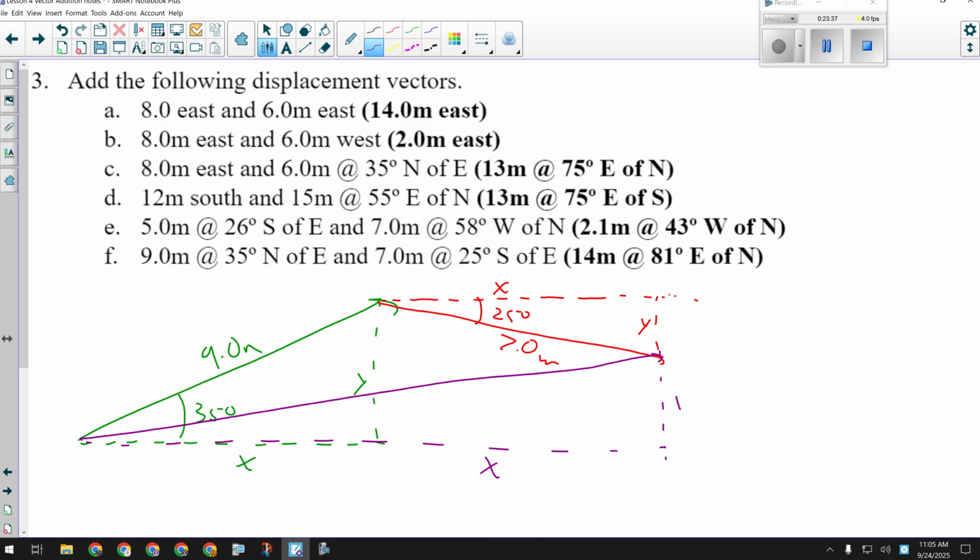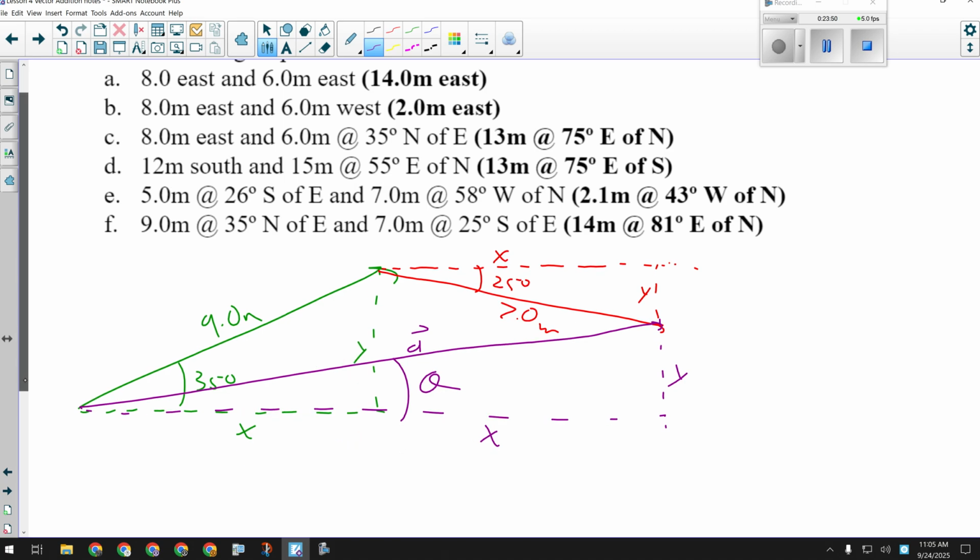Okay, so X, Y, overall displacement, and theta. Okay, so diagram should look something along those lines, you know, at least again, reasonably to scale. None of my angles are crazy or anything like that.